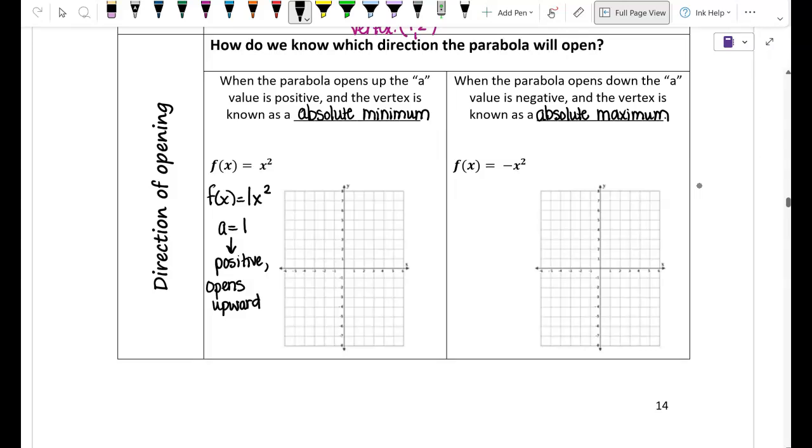And again, we already did a sketch of this parent function: 0, 0; negative 1, 1; 1, 1; negative 2, 4; 2, 4. But it is that a value that tells me which direction this parabola is going to open.